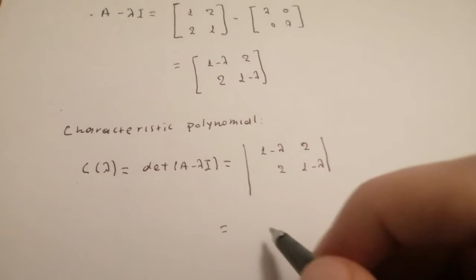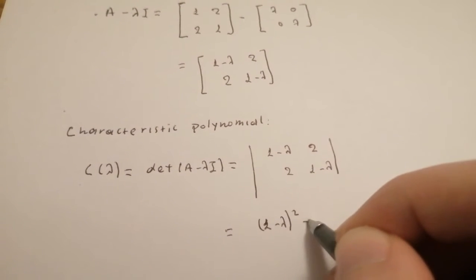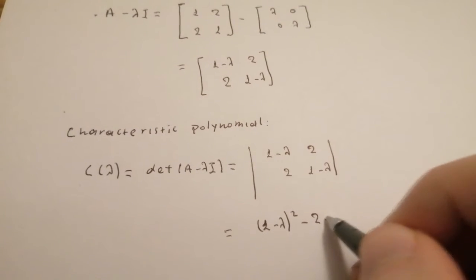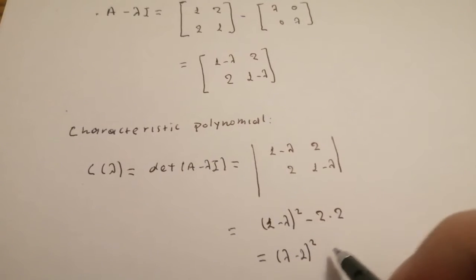What is the determinant of this? It's 1 minus lambda squared minus 2 times 2. So it's lambda minus 1 squared minus 4.